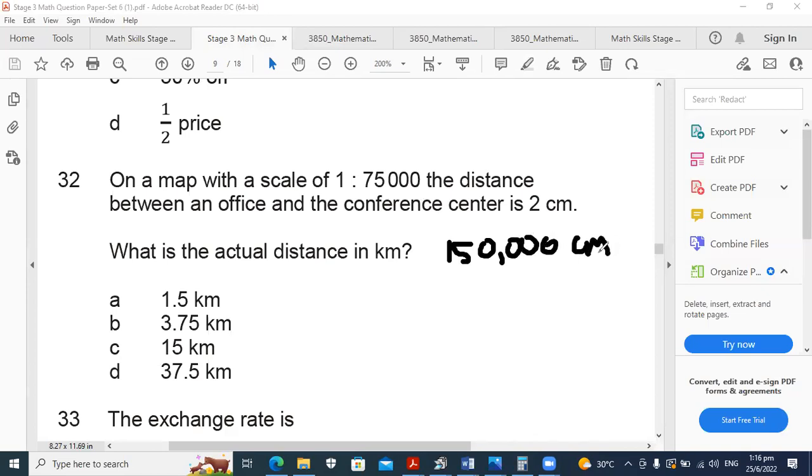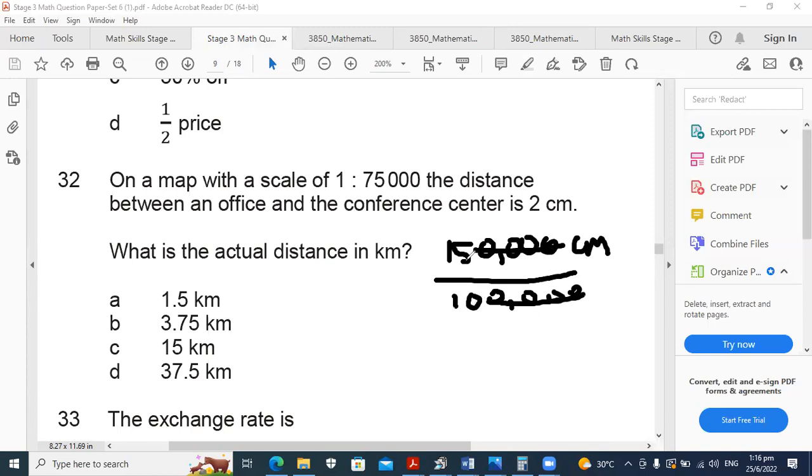All right, but we don't want this in centimeter. What do we want it in? Kilometers. And to convert from centimeter to kilometers, we have to divide by what? 100,000. So as you can see, these 4 zeros will cancel off, and we're dividing by 10, not true?